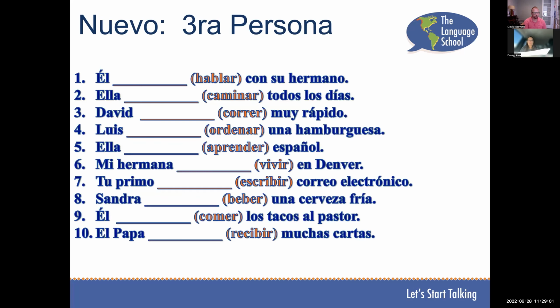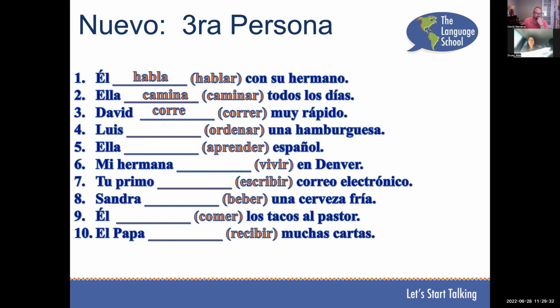Vamos con número uno. Él habla con su hermano. Ella camina todos los días. David corre muy rápido.